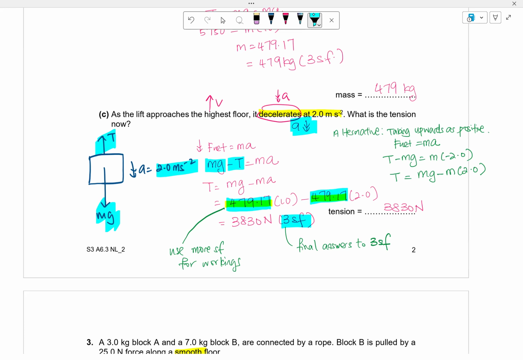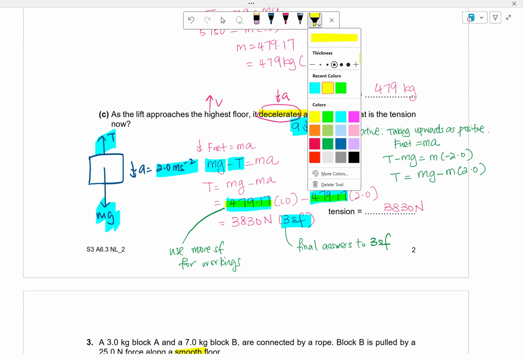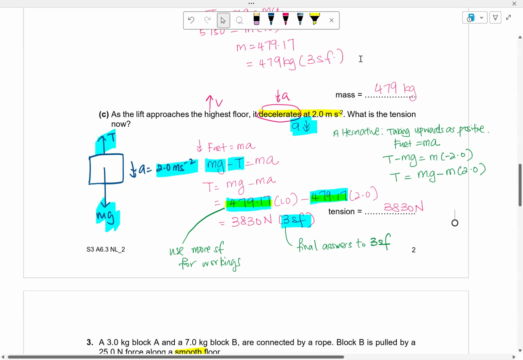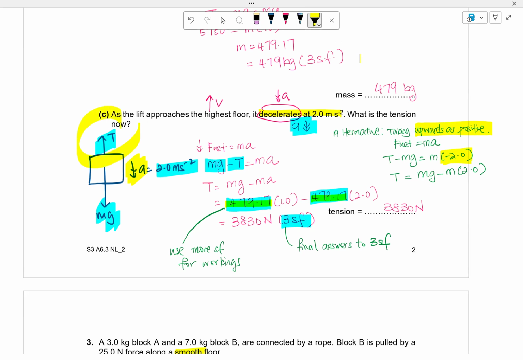Now, alternatively, I think this question was asked in class before. Okay, can you substitute acceleration as negative? Answer is yes, of course you can. Okay, so there were a handful of you who substituted your acceleration as negative. Now, what it tells me is that if acceleration is downwards and you substitute as negative, that means you were taking upwards as positive. So if you take upwards as positive, then tension, which is upwards, will be substituted as a positive force, and then weight, which is downwards, will be substituted as a negative force.